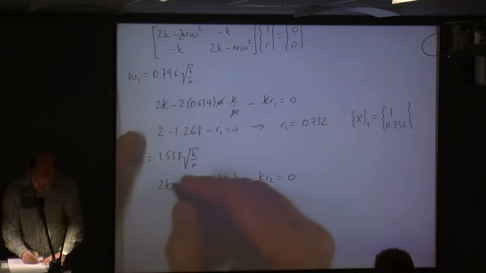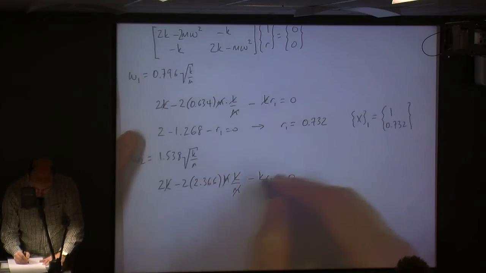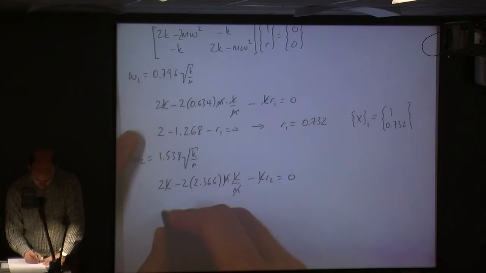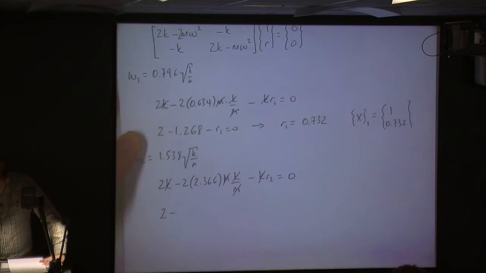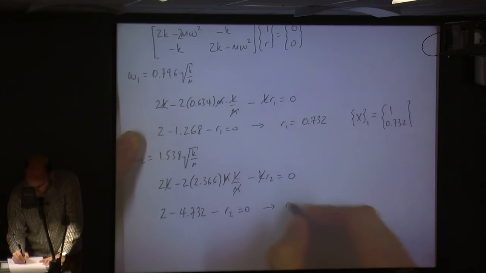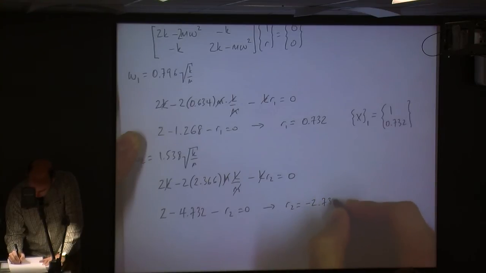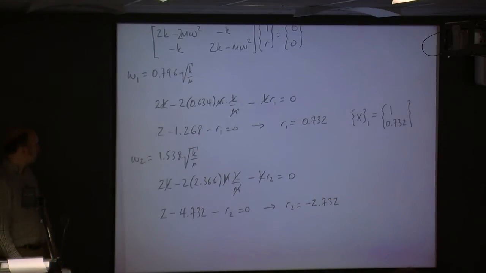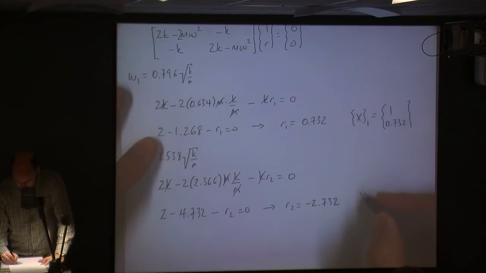Again, the k's and the m's cancel out. And we end up with 2 minus 4.732 minus R2 equals 0. Therefore R2 equals minus 2.732. So the second mode shape, X subscript 2, is 1 and minus 2.732.